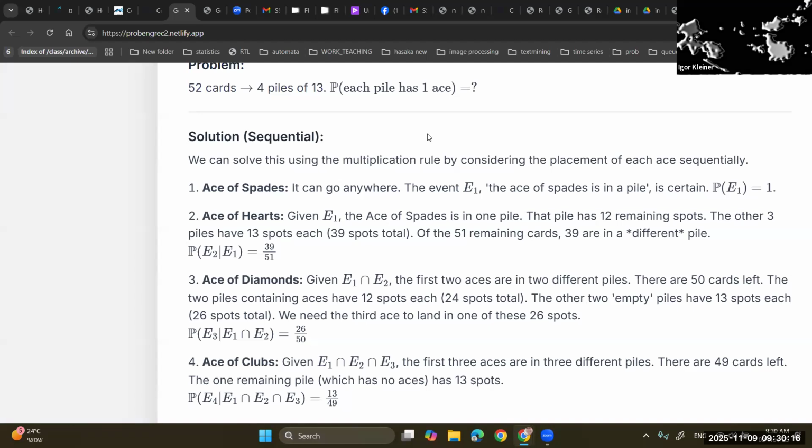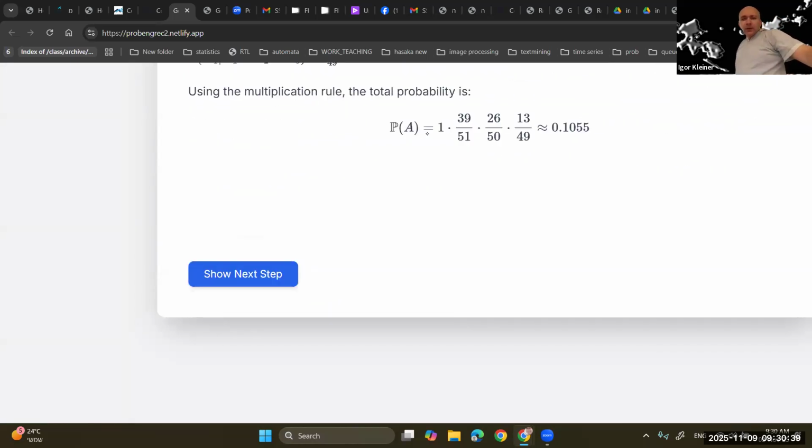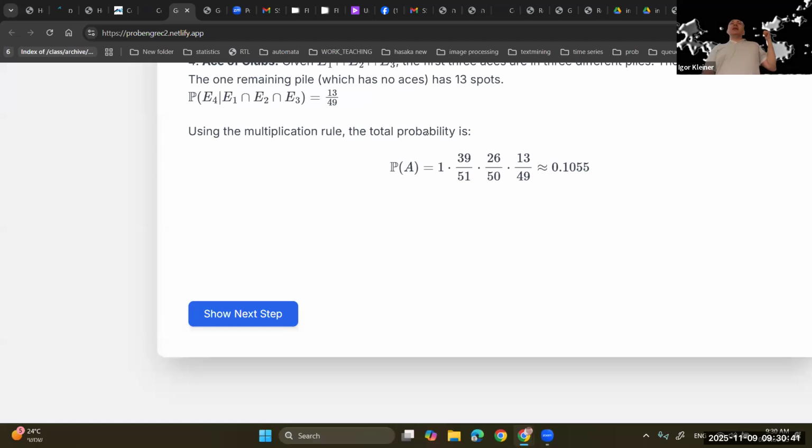It's 26 over 50, for example. And the last term is the probability that the last ace will be here. Okay. And this is the final solution.